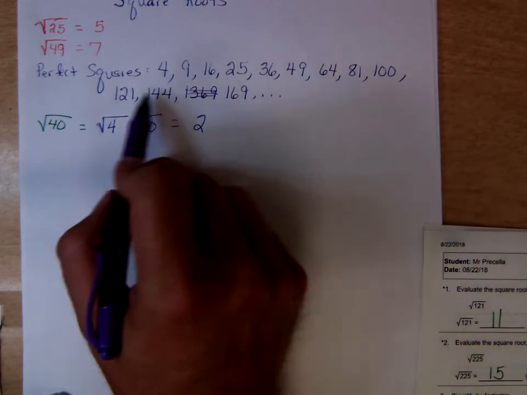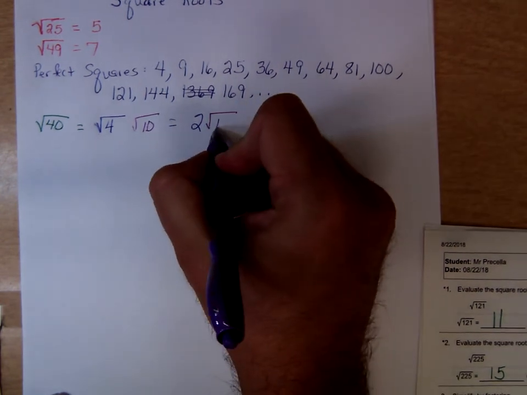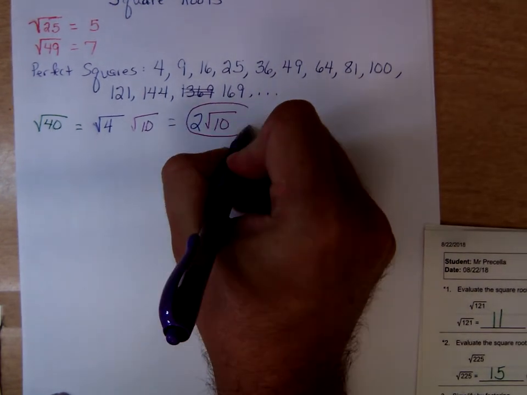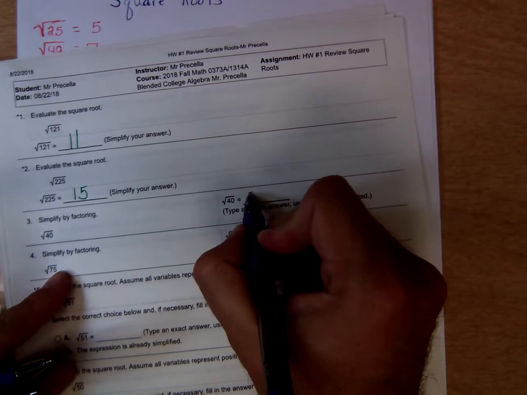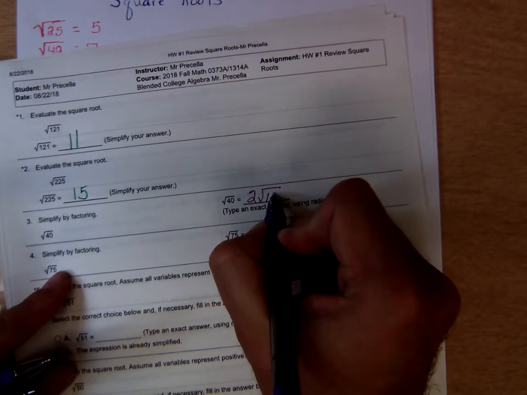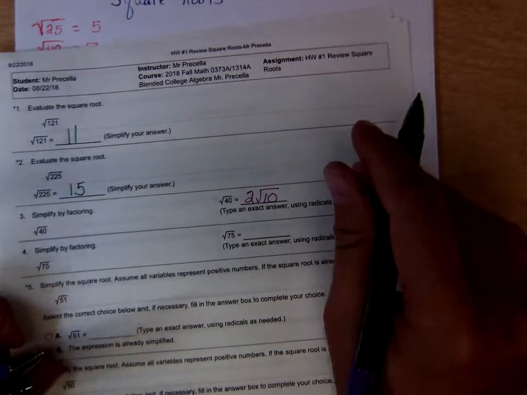There's no perfect square that divides evenly into it. So the square root of 40 is 2 square root of 10. See how I'm doing that? I rewrite it as multiplication.